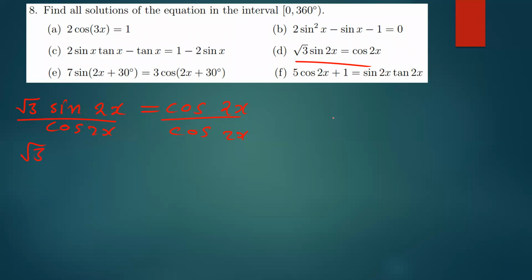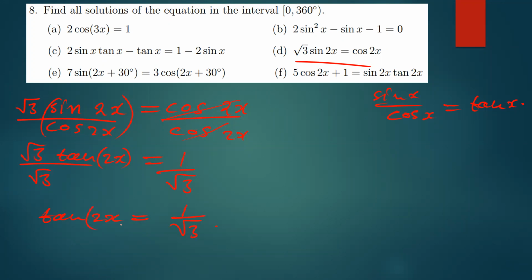Remember when I was explaining trigonometric identities, I said sine x over cos x is simply just equal to what? Tan x. So sine 2x over cos 2x is simply tan 2x. And the right side gives us 1. Then we divide everything by the root of 3, so that tan 2x is equal to 1 over the root of 3.